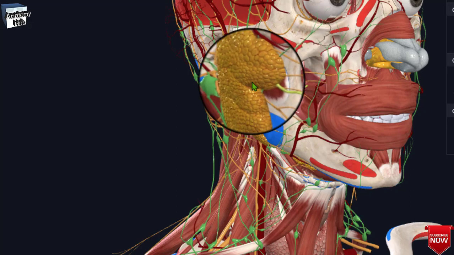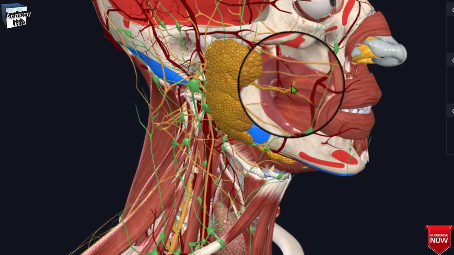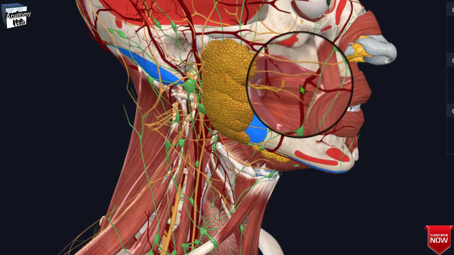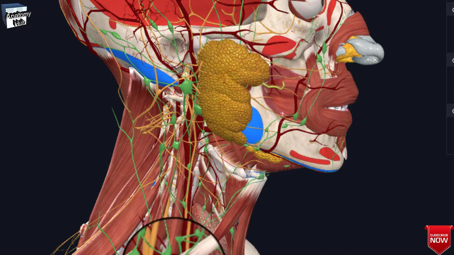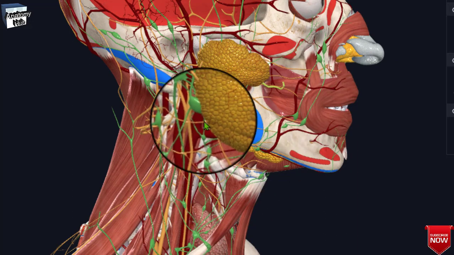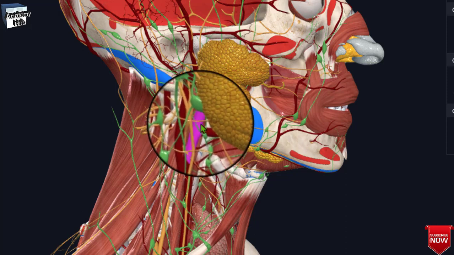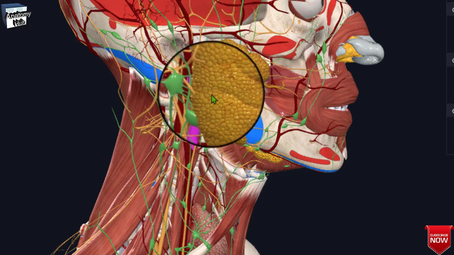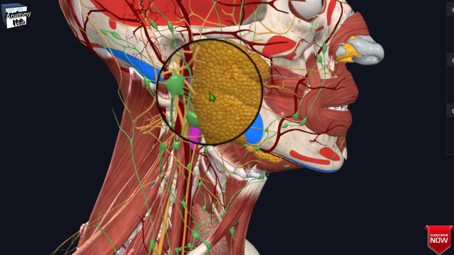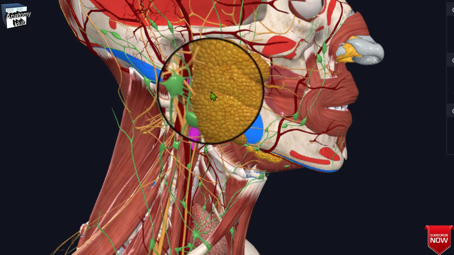Now we will see the vascular supply. Mainly, first we will see the arterial supply. The artery that you can observe here is the external carotid artery, and it traverses through the substance of the parotid gland and is responsible for supplying the parotid gland.